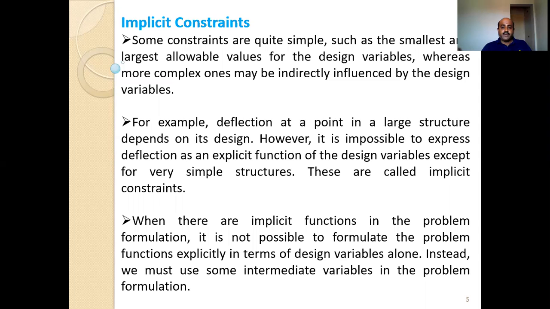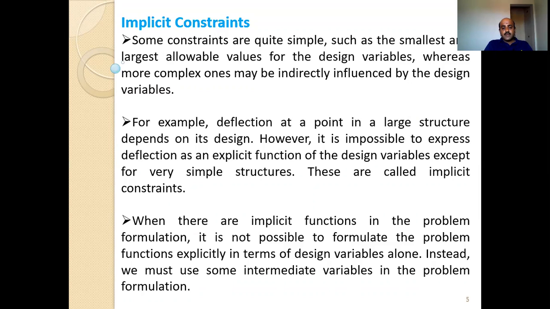In the case of a large structure, the deflection at a point, it is impossible to express deflection as an explicit function of the design variables except for very simple structures. These are called implicit constraints. When you are expressing the constraints, you should be very careful, because you are designing either for a large structure or for a very simple structure.